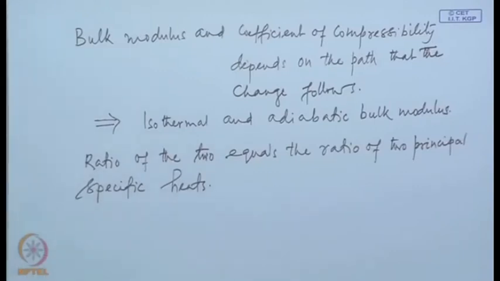So, for a pure substance we have one simple specific heat, one simple equation of state involving 3 state variables. The most important equation of state, or the thermal equation of state, is called the perfect gas law, where P is given by rho R T.